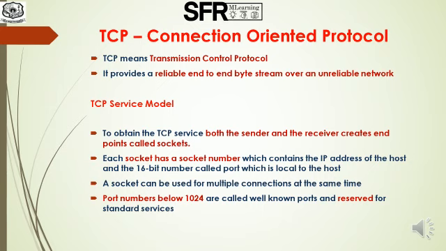So IP address plus port, these together form a socket number, and a socket can be used for multiple connections at the same time. In port numbers, particularly the port numbers below 1024 are reserved. These are used for some standard services. So these are called well-known ports.